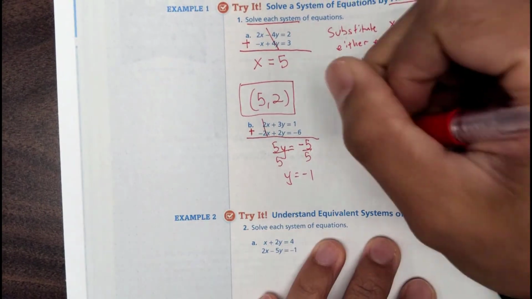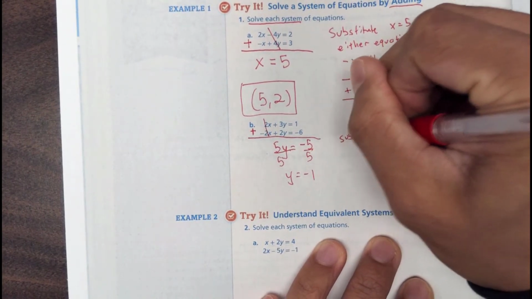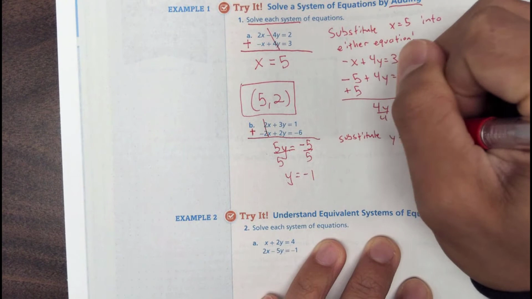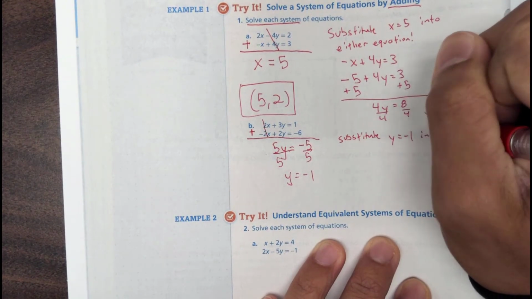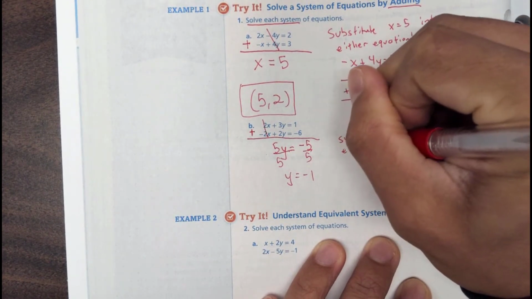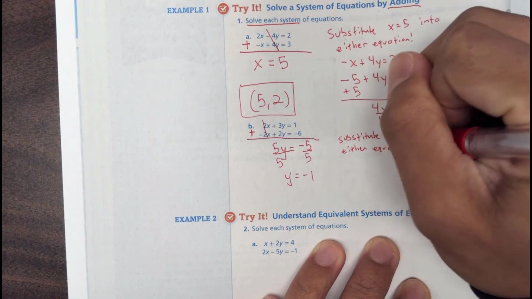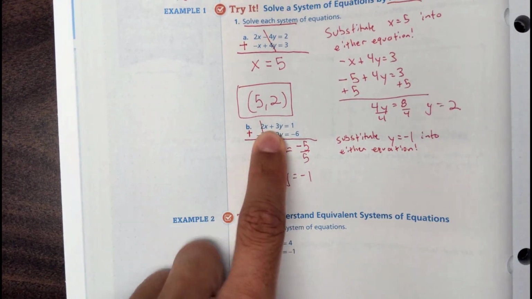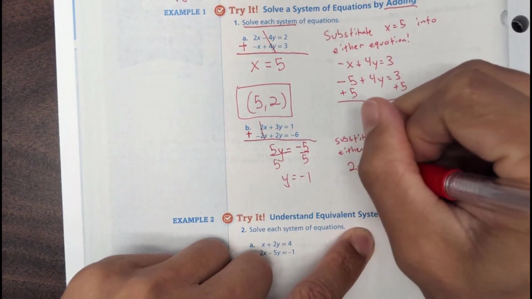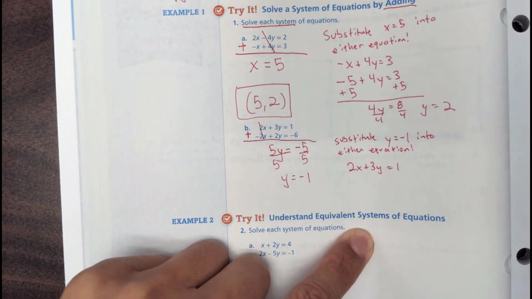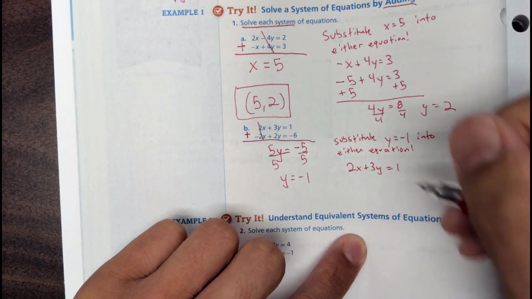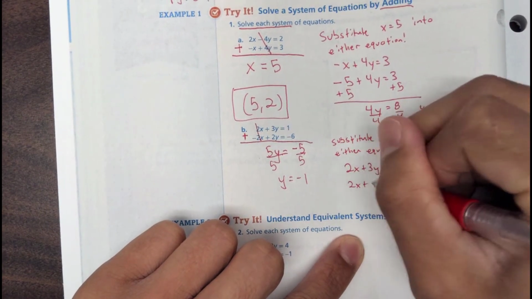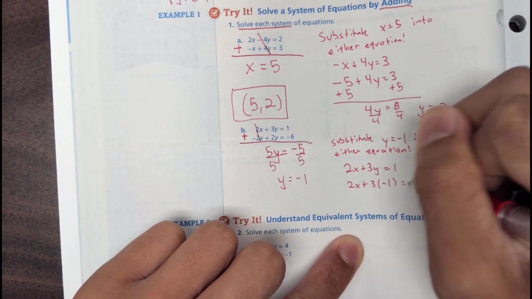And so the same goes for here. We're going to substitute y equals negative 1 into either equation. I'm going to go ahead and choose the one that has 2x plus 3y equals 1. I'm going to put 2x plus 3 times negative 1 equals 1.